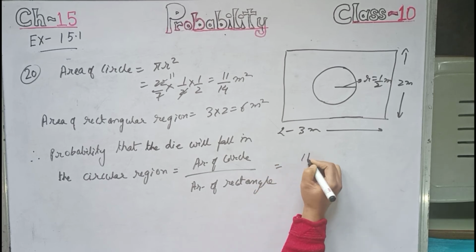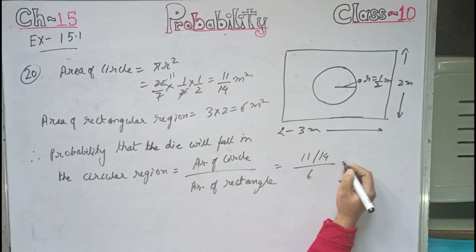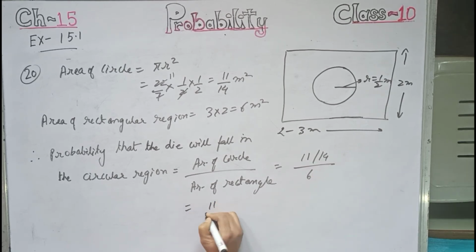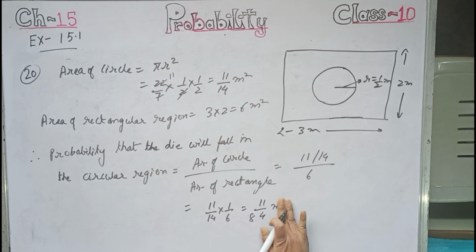So this will be equals to 11 by 14 divided by 6. So this will be equals to 11 by 14 into 1 by 6. So it will be 11 by 84. Not meter square, 11 by 84 probability. So this is the answer.